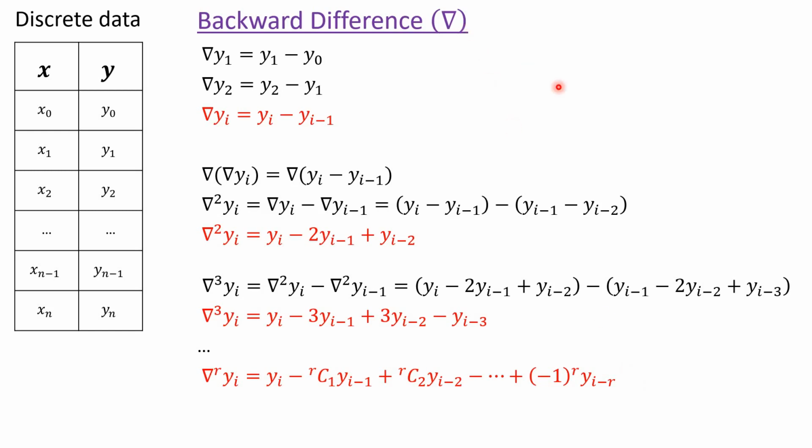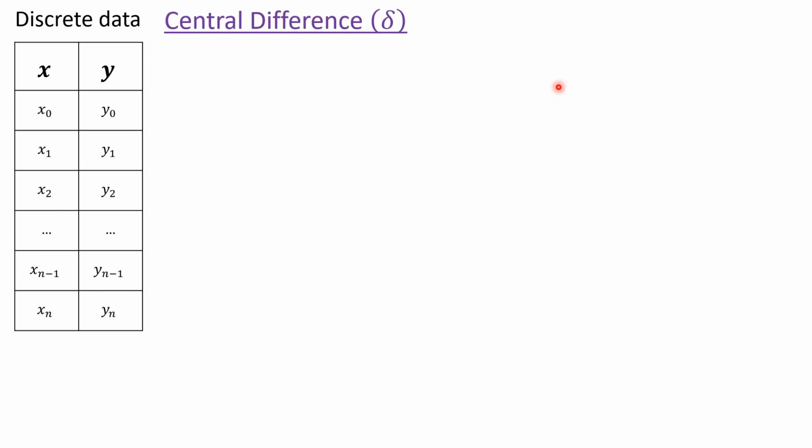Now next is the central difference operator. We have seen forward difference and backward difference. Now this is the central difference operator, and it is denoted by this symbol. It is called delta. So how does the central difference operator operate on yi? Delta of y1 will be y(1+1/2) minus y(1-1/2).